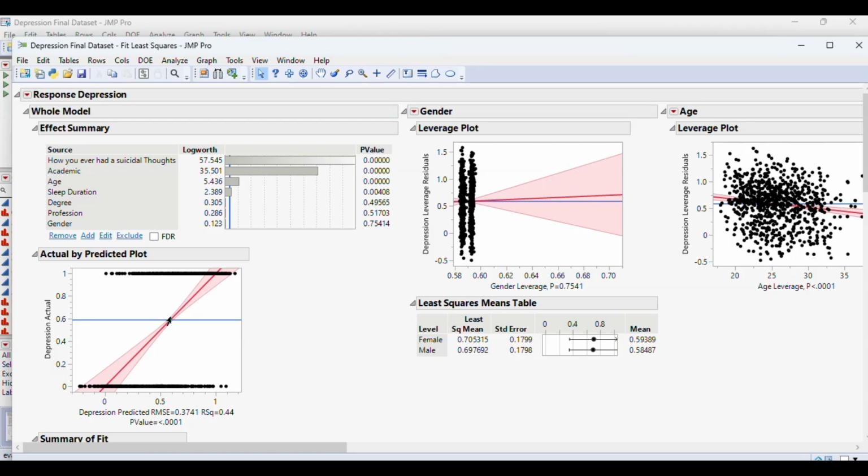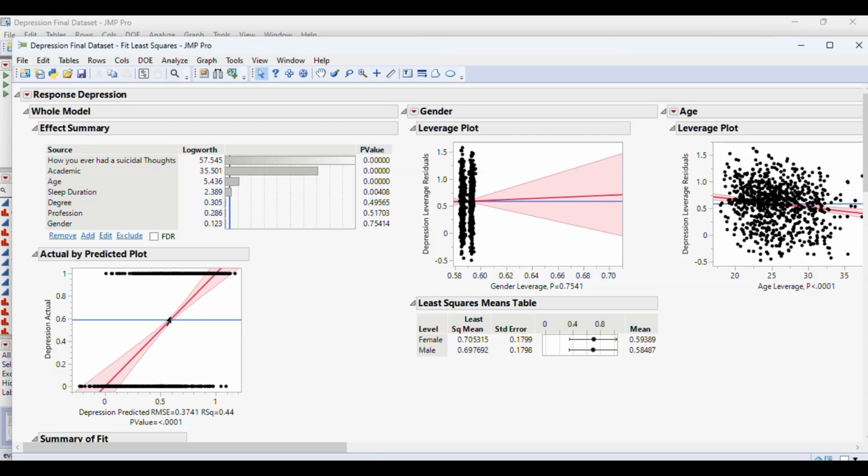This factor alone showed overwhelming statistical significance with a p-value of less than 0.0001. The most important point is that p-value of less than 0.0001.